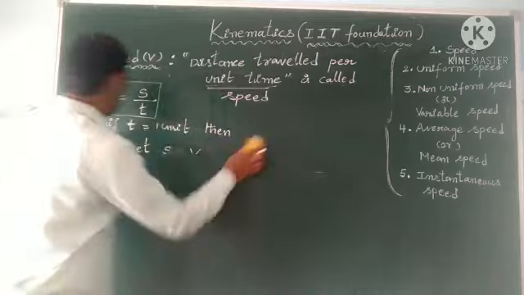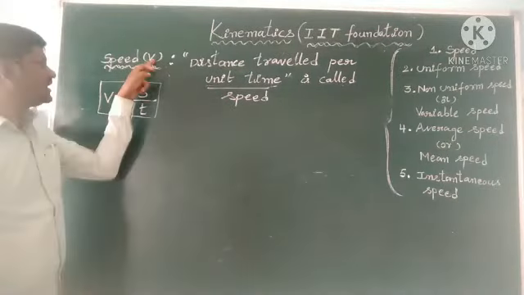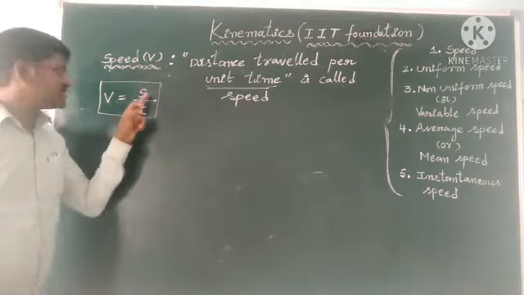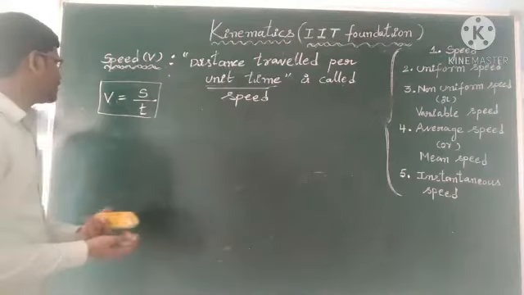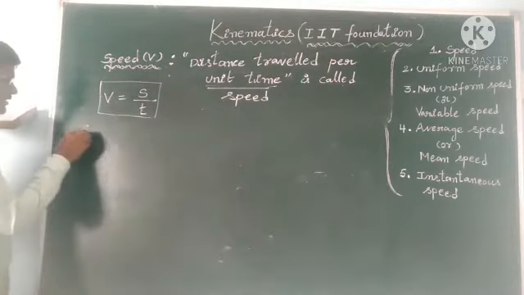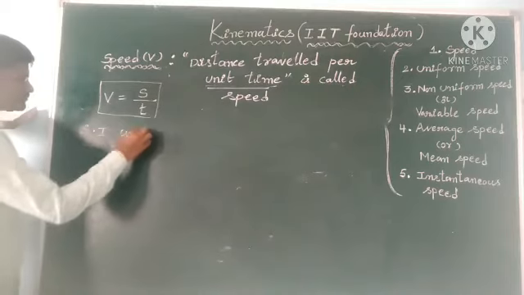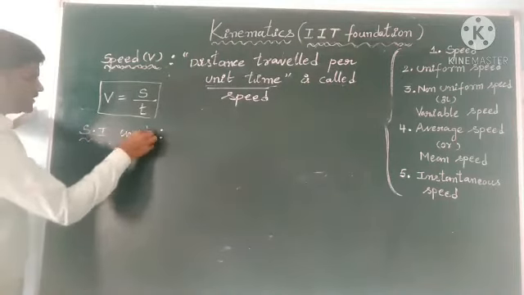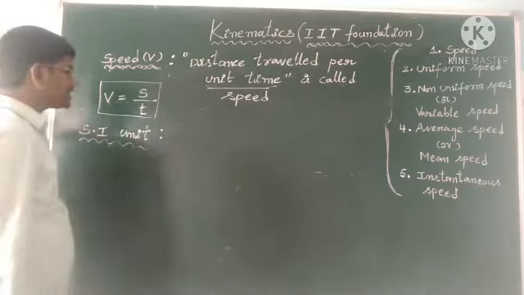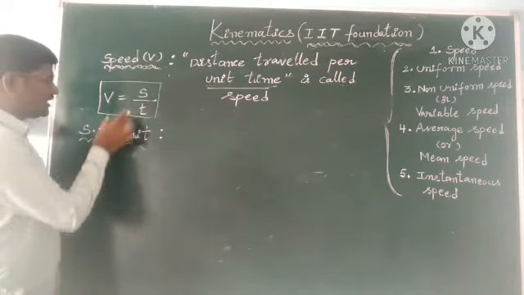So we can see its units. So speed we are denoting with the letter V, and distance with the letter S, and time with the letter T. So now we are going to write the SI unit of speed.